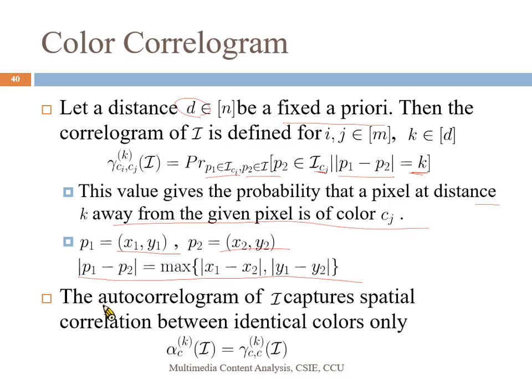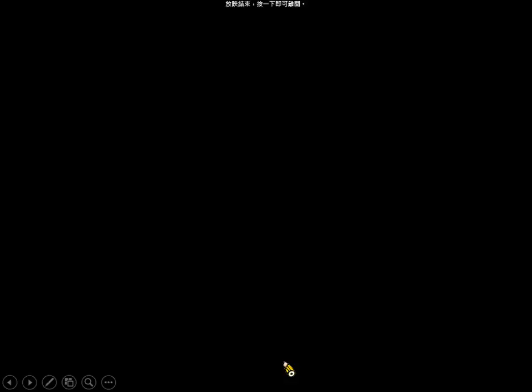So if we specifically consider the autocorrelogram, we mean the spatial correlation between identical colors. Here we calculate the probability of a pixel with color c being close to another pixel with color c at distance k, and this is the so-called autocorrelogram.